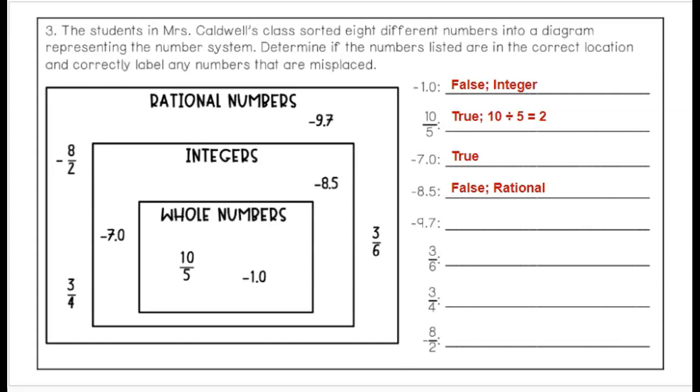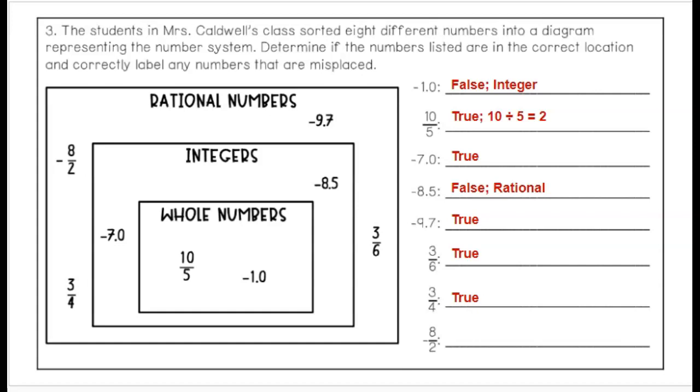Negative 9 7/10 is listed as a rational number. That is true because it has the decimal amount of 7/10. 3/6 is listed as a rational number, and that is true because 3 divided by 6 is 5/10, which is a decimal amount. 3/4 is listed as a rational number, which is true because 3 divided by 4 is 75/100.